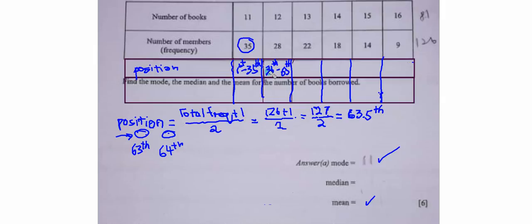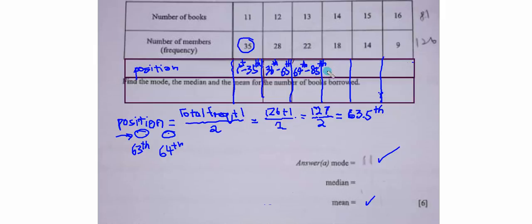Then how do you get the maximum? You just take this 35 plus 28, add together, 63. So the next one is 64, up to 63 plus 22, so it's 85.